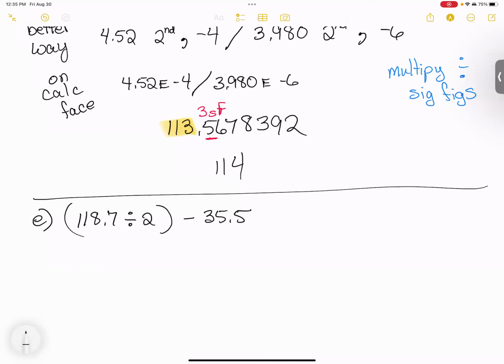Okay. You have multiple orders of operation because you have multiplication and division, which would say total sig figs.